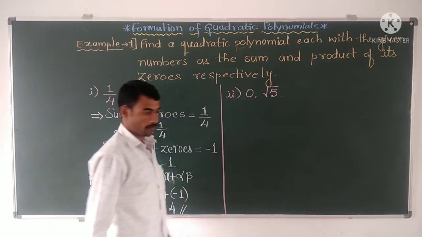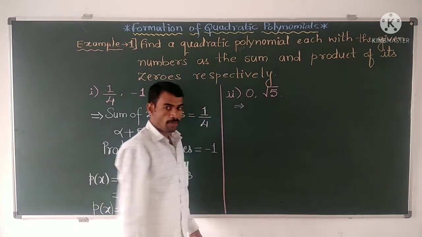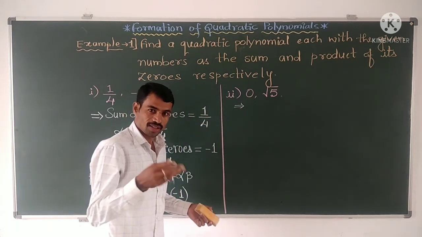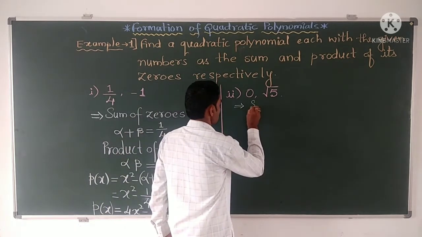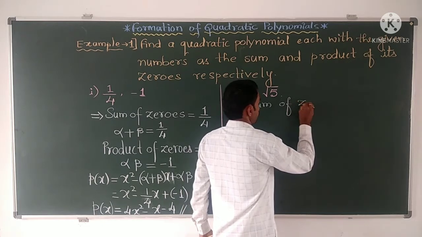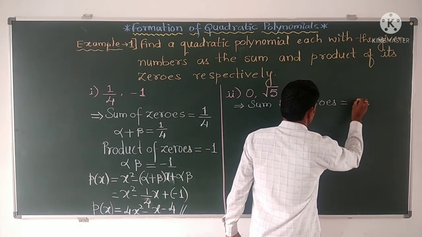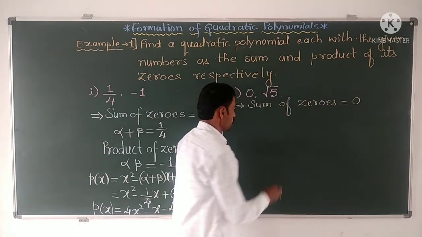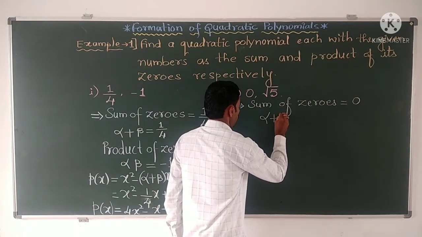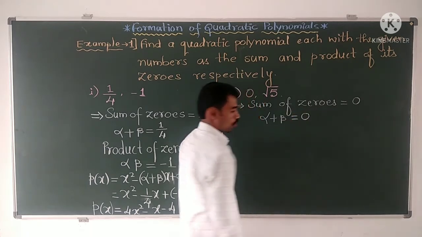Now take the second one. In this second question, the sum of zeros is 0. That is, alpha plus beta is equal to 0.